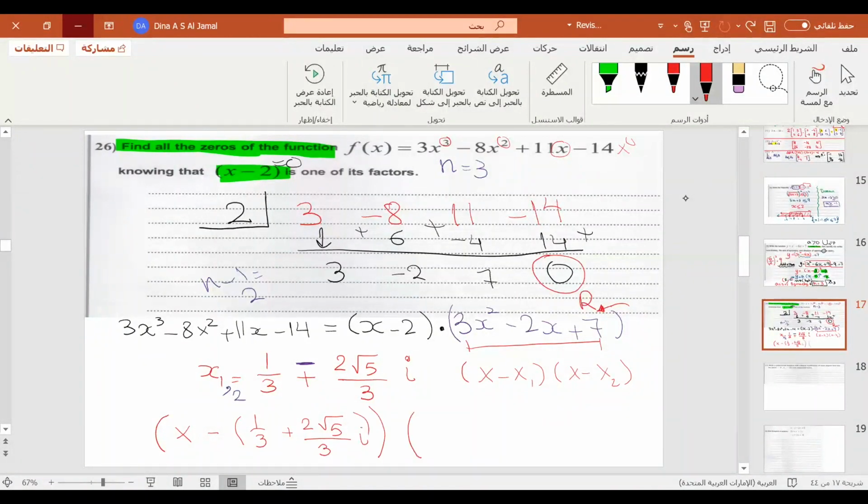The other one, x minus 1 over 3 minus 2 square root 5 over 3i. And you can distribute the minus and separate it into real part and imaginary part. Okay? Or you can just keep it as it is.